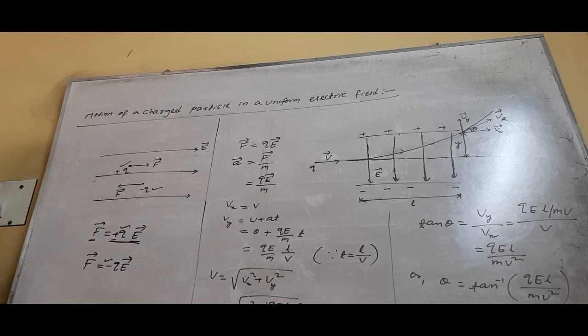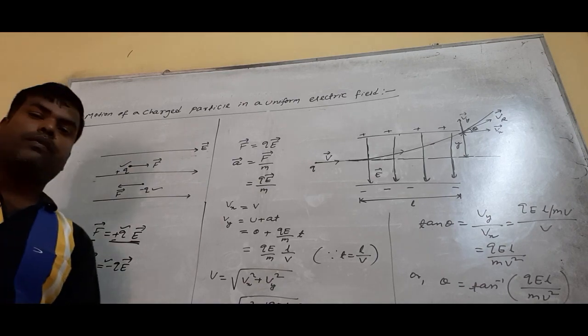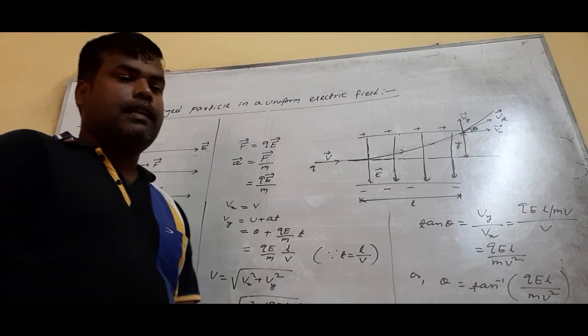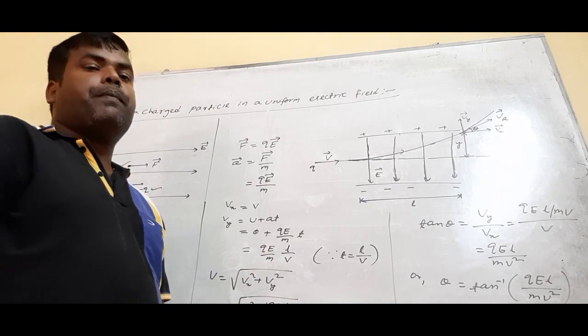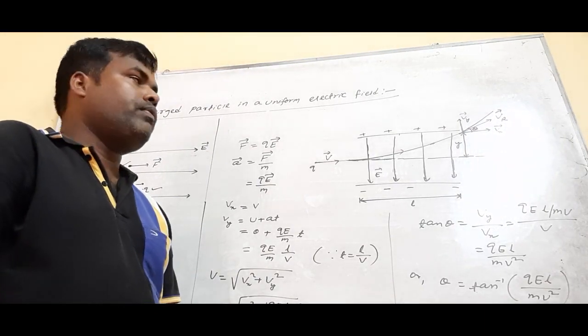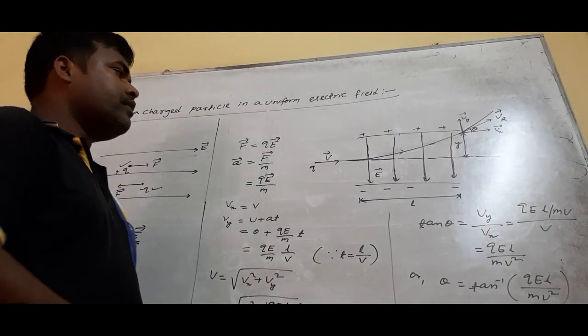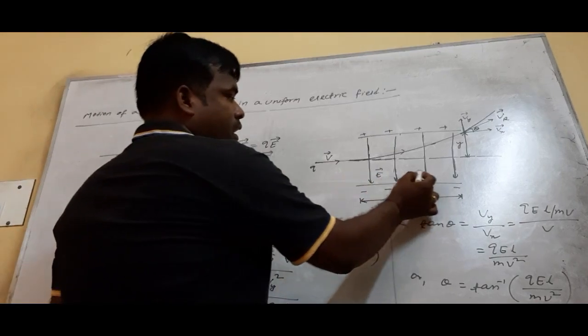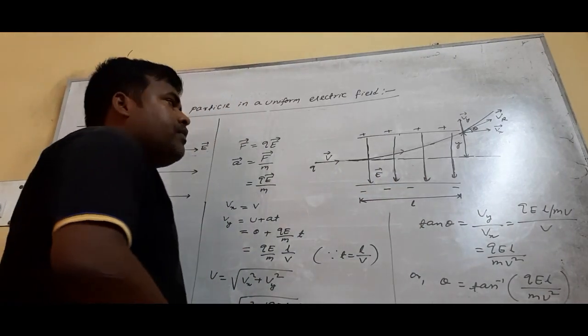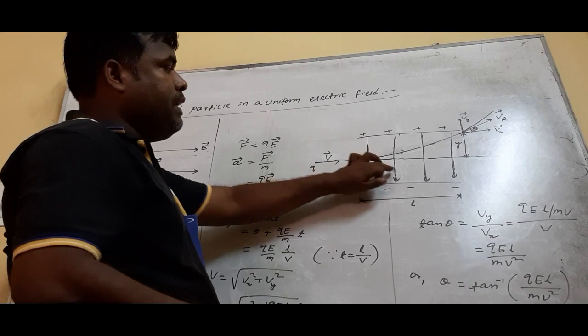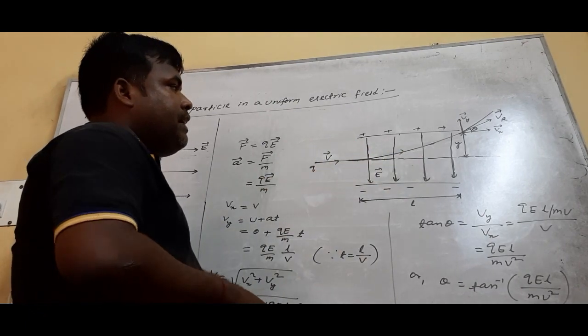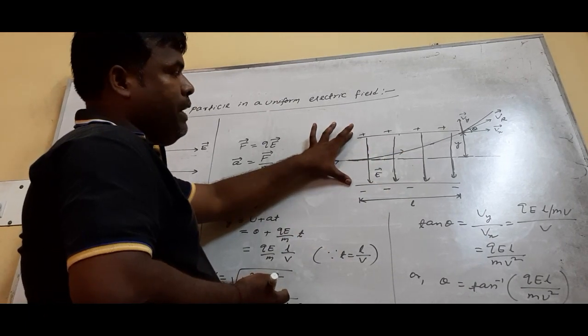So now the question arises, if we throw a charged particle in a direction perpendicular to the direction of electric field. Let us consider a uniform electric field created between two parallel plates.